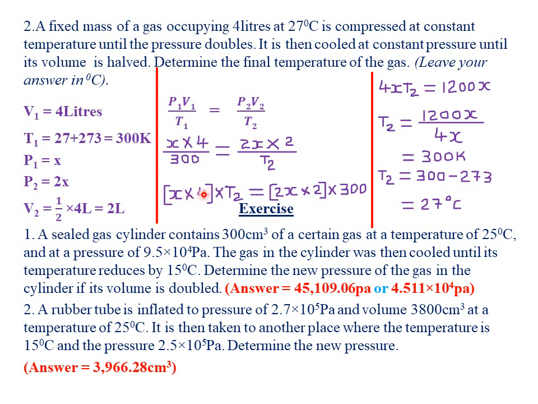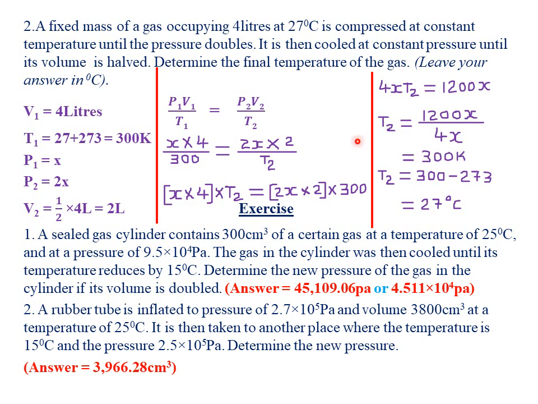Of course, x times 4, I'll just get 4x, then times T2, I'll just get 4x T2 being equal to 2 by 2, I'll just get 4. 4 times 300, I'll get 1200, then of course times x, so this will be 1200x. If I make T2 the subject of the formula, I'll simply divide both sides by 4x. Therefore, T2 will be 1200x divided by 4x. Of course, x and x will cancel out. 1200 divided by 4, I'll just get 300 Kelvin.